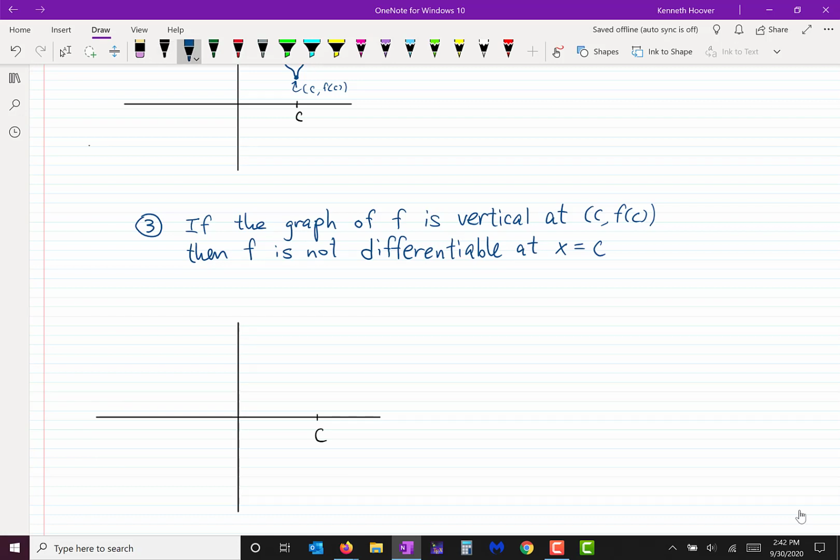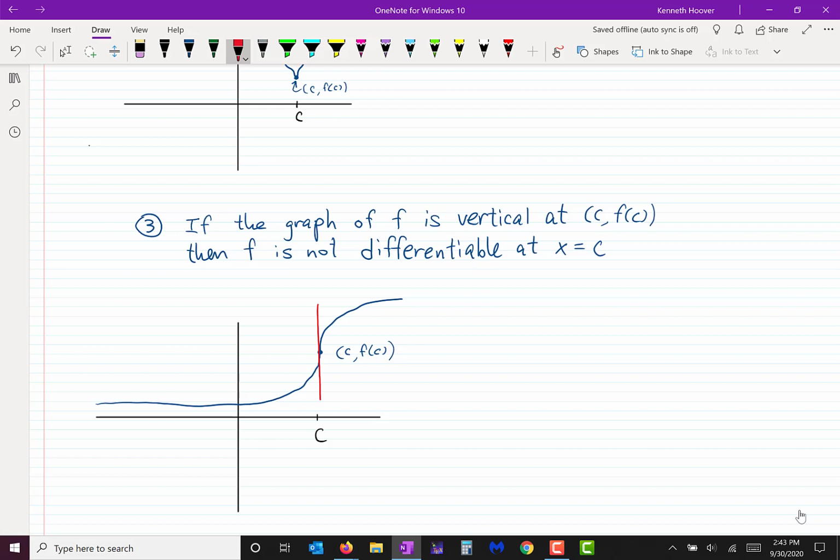Suppose f goes like this. And right there at that point, it's vertical. Then the tangent line would be straight up and down. What's the slope of a vertical line? There isn't one, right? There is no such thing as the slope of a vertical line.